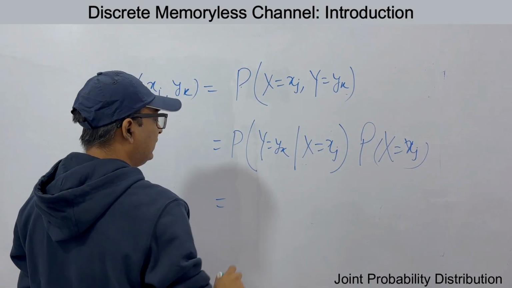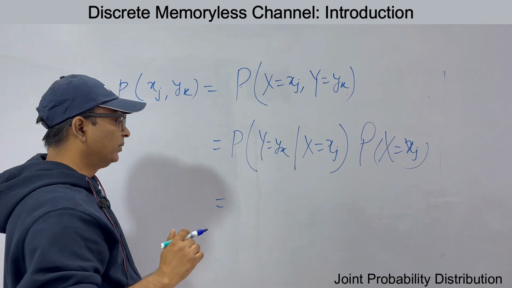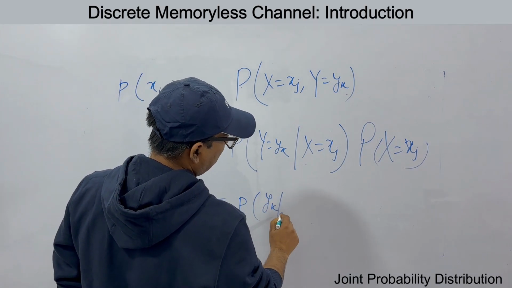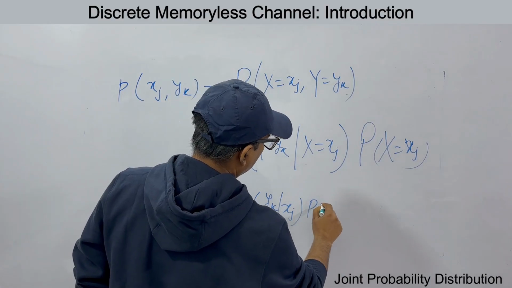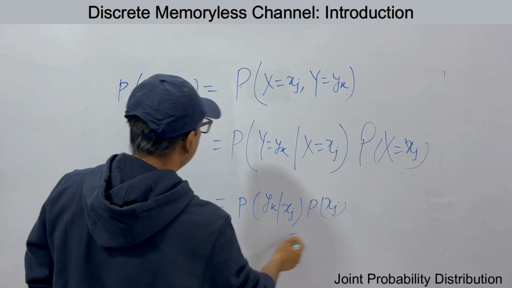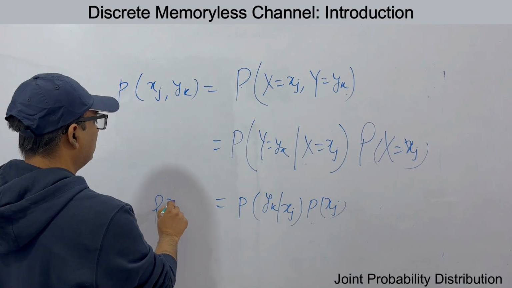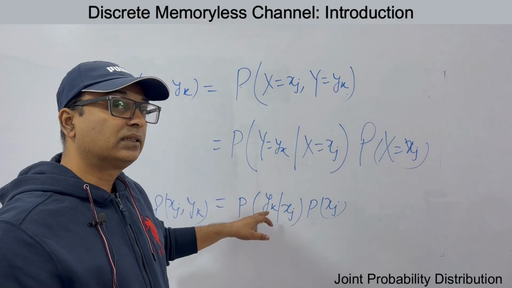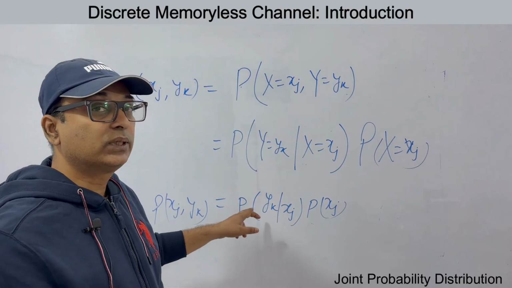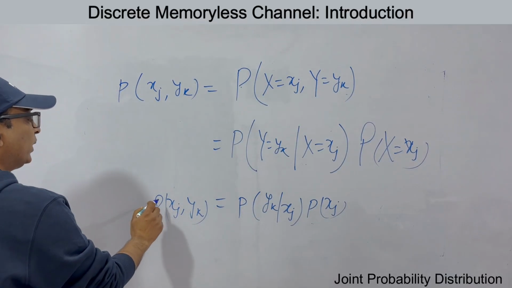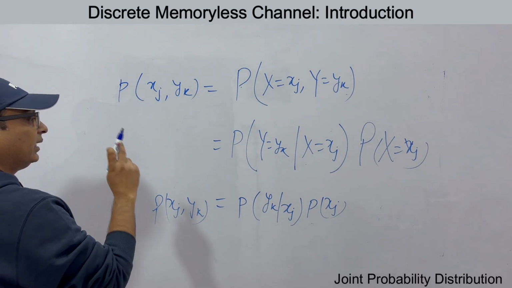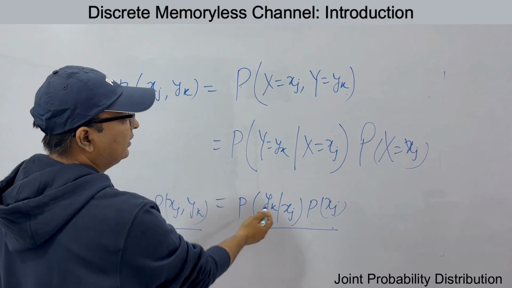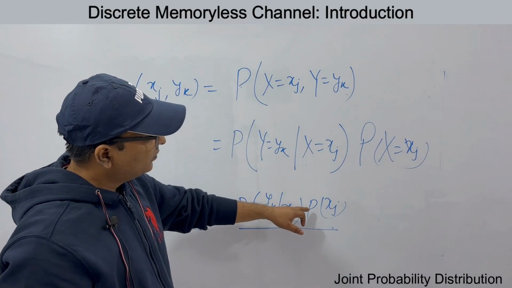That is, in terms of conditional probability, this is written as P(y_k | x_j) into probability of x_j. What is this? You know, this is conditional probability. You must have studied conditional probability. If not, go and revise what is conditional probability. So joint probability distribution of the variables X and Y is this, which is actually the conditional probability P(y_k | x_j) times P(x_j).